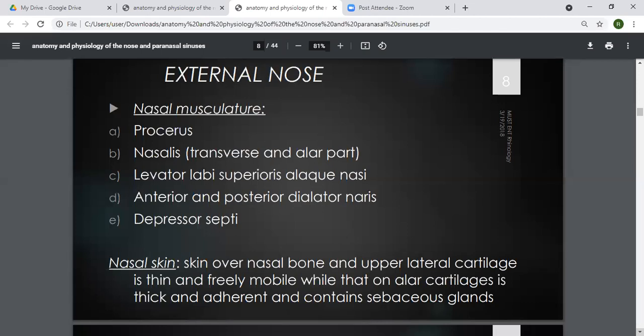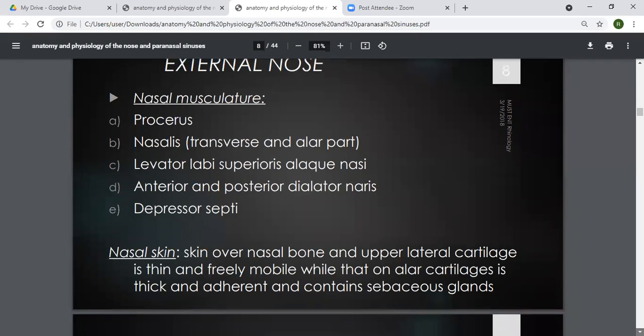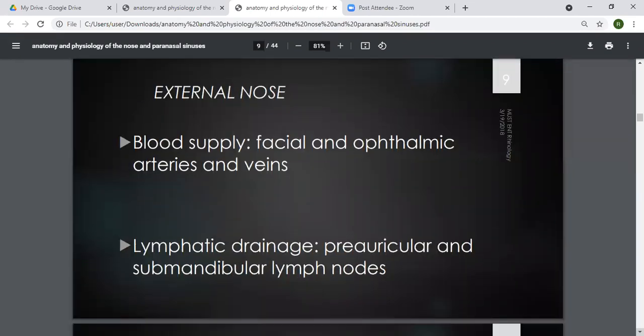The muscles directly connected to the nose are the procerus, the nasalis, which has the transverse and the alar parts, then the levator labii superioris alaeque nasi, the anterior and posterior dilator naris, and the depressor septi. So when you look at the muscles of facial expression, those surrounding the nose are part of the external nose.